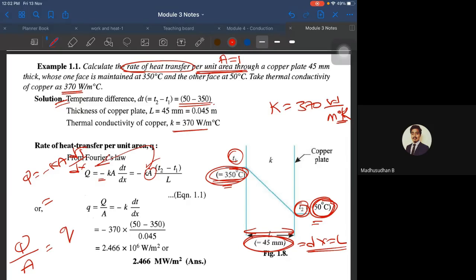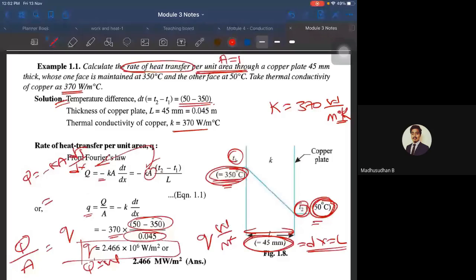The unit of capital Q is watt, and the unit of small q is watt per meter square. All these are just notations. So q is minus K into dT by dx. Substitute the values of K, dT and dx, and you'll get the value of q in watt per meter square.